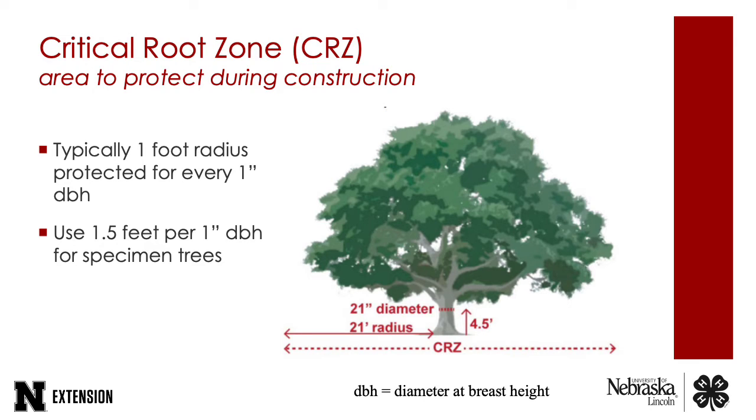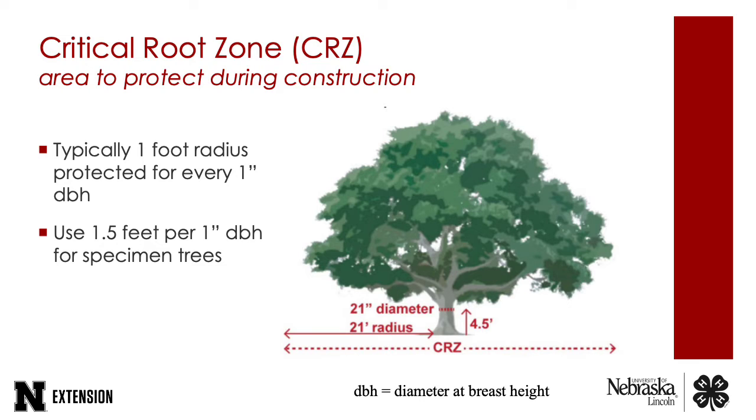So typically one rule of thumb that is given in the industry is that for every inch of trunk diameter measured at 4.5 feet up from the soil line, that translates into 1 foot of radius on the soil that needs to be protected for the critical root zone.